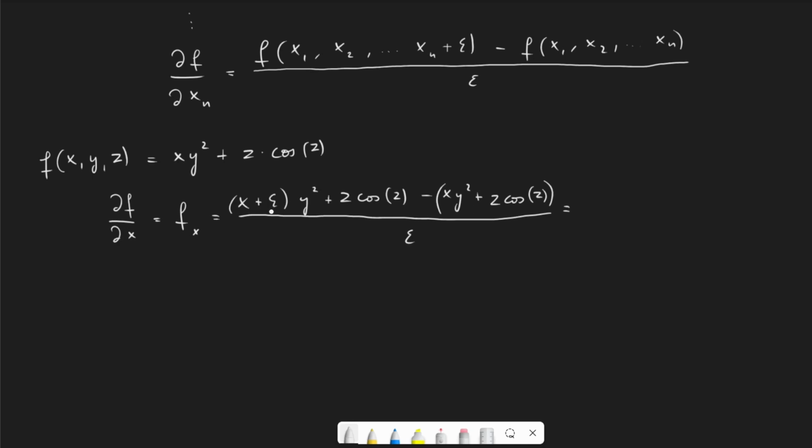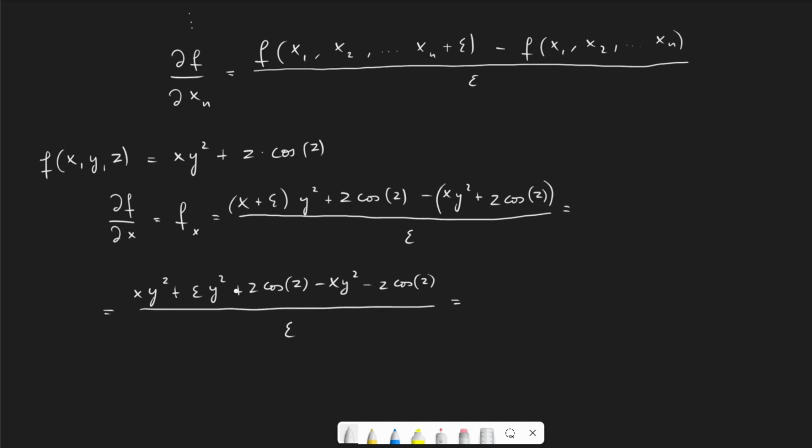And let's see what we have here. So we have here xy squared plus epsilon times y squared plus z times cosine z, and minus xy squared and minus z times cosine z, and this is divided by epsilon.